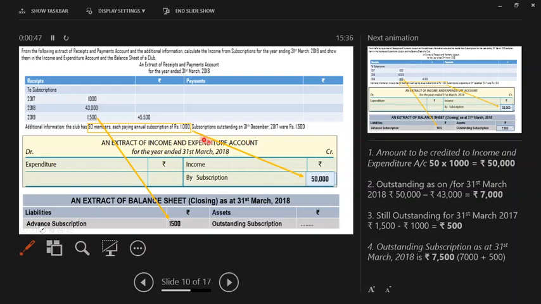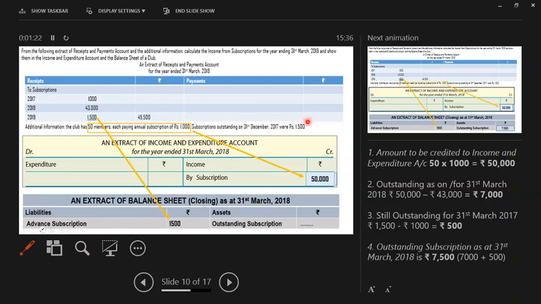But in such cases, still you can see there is one more adjustment given, so you have to be careful now. What it says is that last year subscription outstanding on March 2017, the amount is 1500. If it is 1500, that means outstanding subscription in the beginning was 1500, out of which you received only 1000.